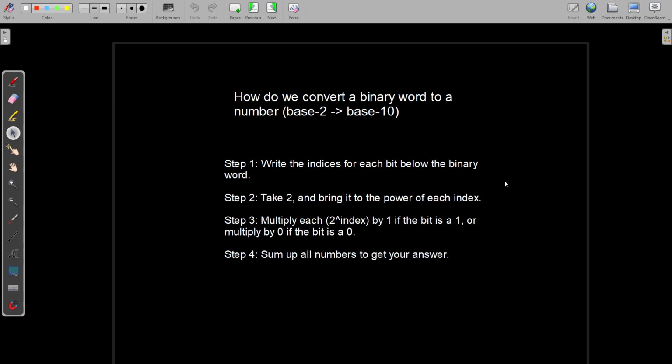Then we need to take the number 2, make it our base, and bring that base 2 to the power of each index position. And then for step 3, we need to multiply that 2 to the power of that exponent by 1 if the bit is a 1, or by 0 if that bit is a 0. And then we can sum up all of our numbers to get our final answer.